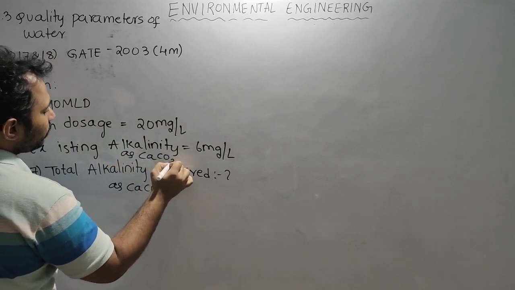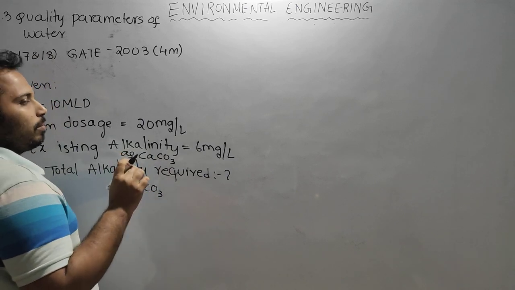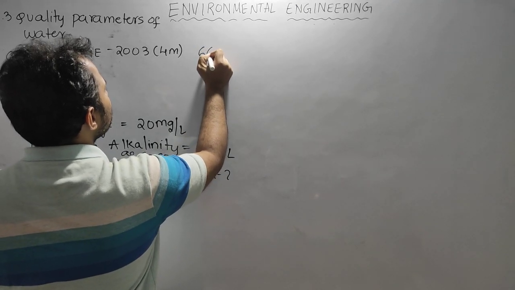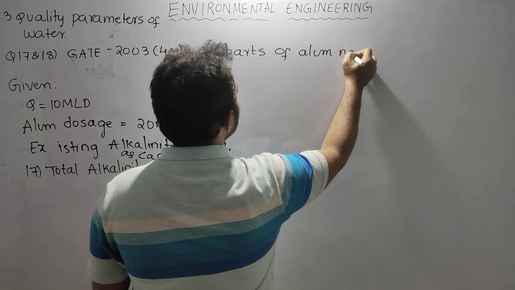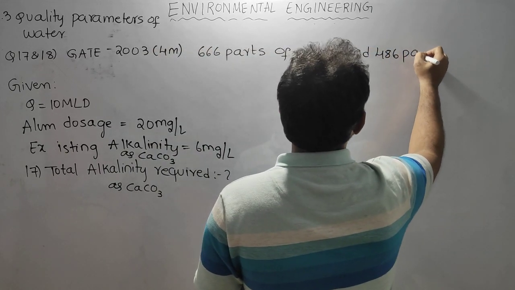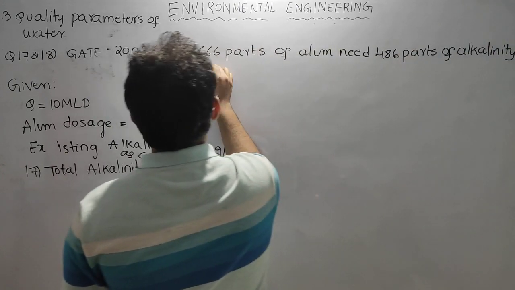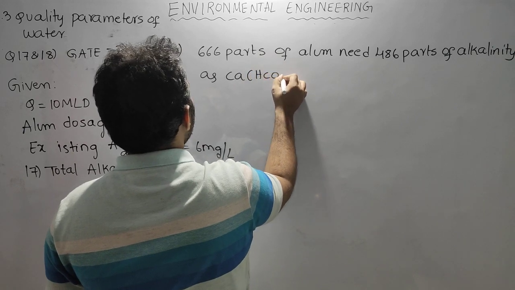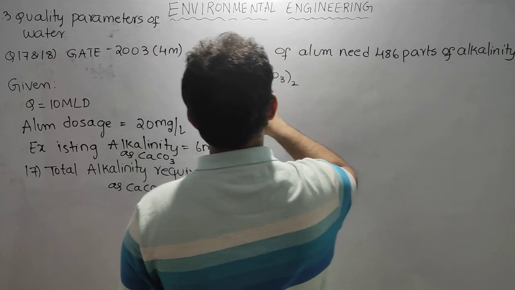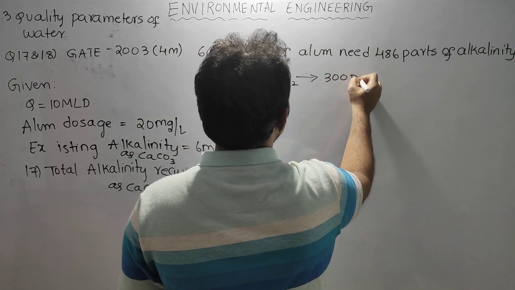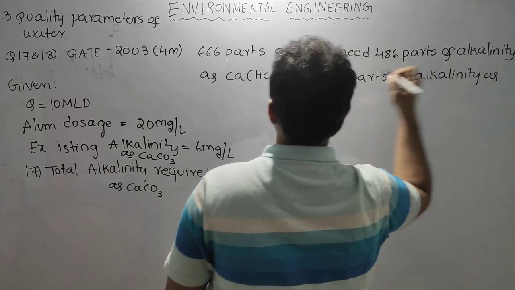Now we have already derived the requirement of CaCO3 for x mg per liter of alum. 666 parts of alum needs 486 parts of alkalinity as Ca(HCO3)2, and in turn 486 parts of alkalinity as Ca(HCO3)2 needs 300 parts of alkalinity as CaCO3.